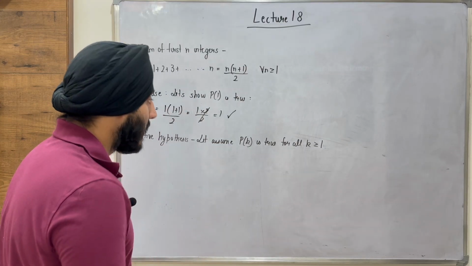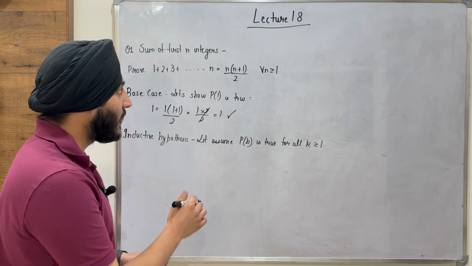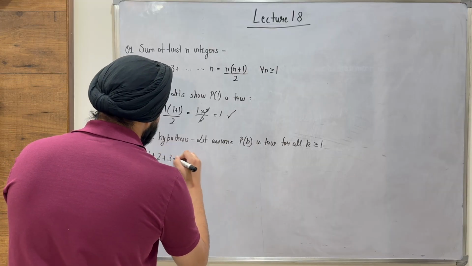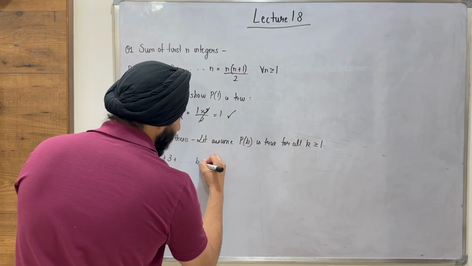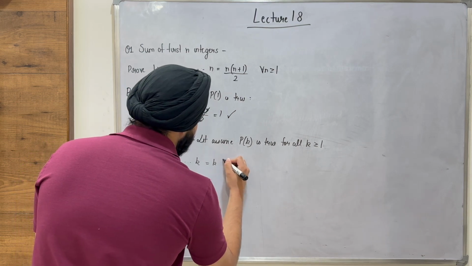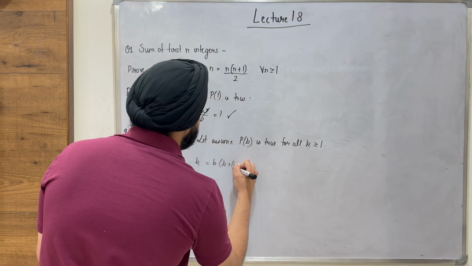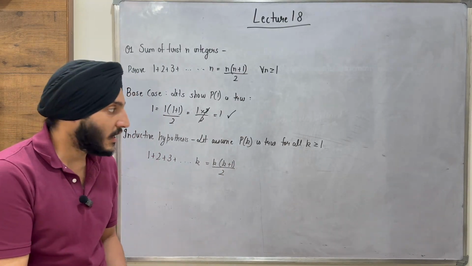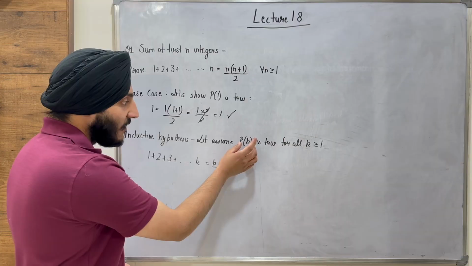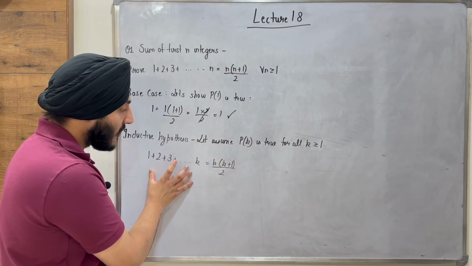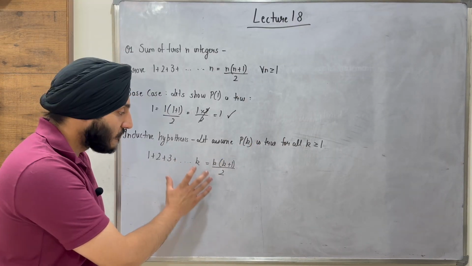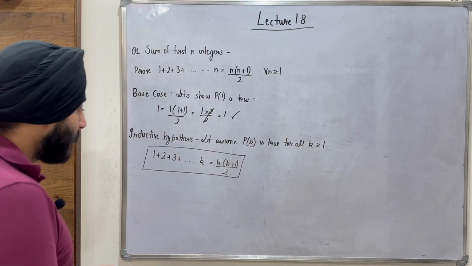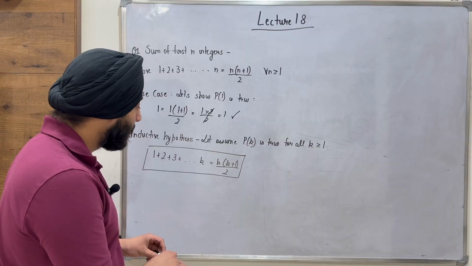What I'm trying to say is the assumption that 1 plus 2 plus 3 plus until some value k is equal to k times (k plus 1) divided by 2. This is the assumption that I'm making: if P of k is what I'm trying to prove, then this has to be the equation corresponding to it. So I've just written down the corresponding equation. This is the inductive hypothesis that I have.